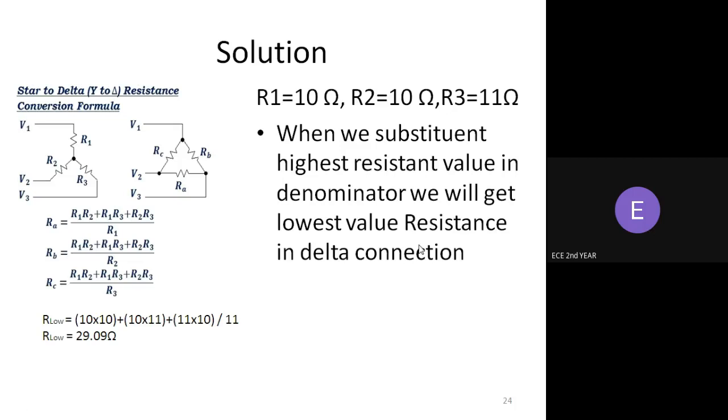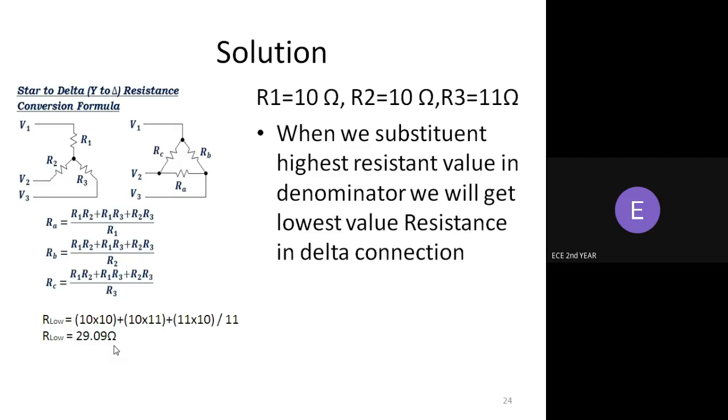So we will use this formula. R low is equal to 10 into 10 plus 10 into 11 plus 11 into 10 divided by 11. So 11 ohms is the highest value among these three given resistances. So the total lowest resistance on this delta network is 29.09 ohms.